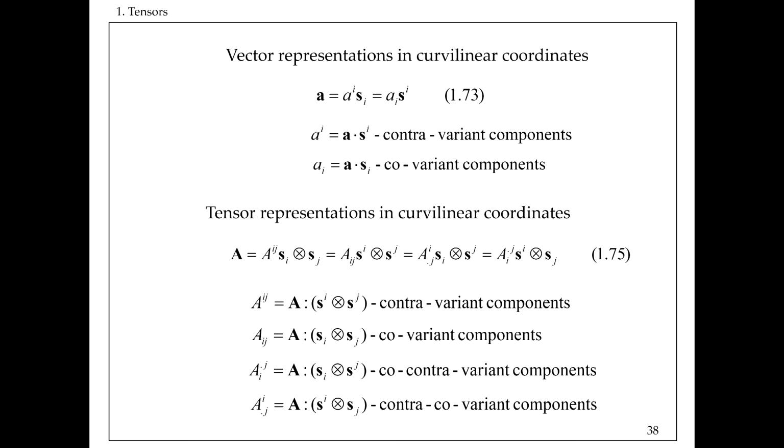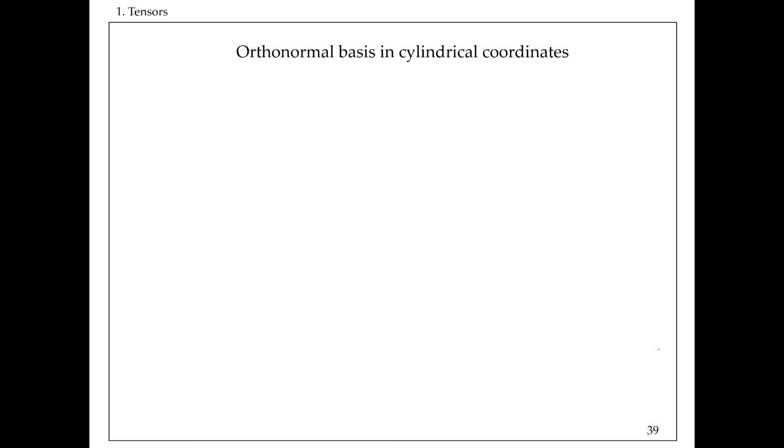Now finally, we are returning to the notion that these contravariant or covariant bases are not normalized, so they are not in general represented as unit vectors. For example, the first one, the component of the basis that corresponds to the coordinate r, S_r, is a unit vector.